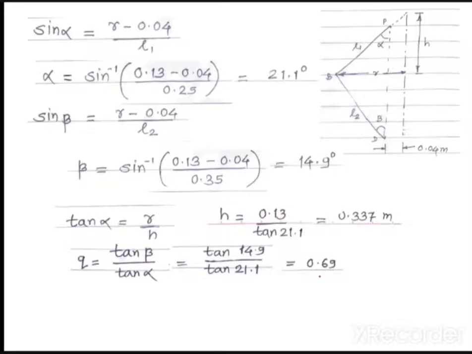So I'm getting q is equal to 0.69. Now in this manner I have found out all the terms. Message me, have you understood how I found out alpha, beta, h and q? I am just using trigonometry, not so big, not rocket science. Is it clear? Shall I move forward?